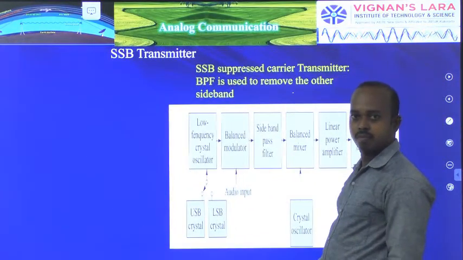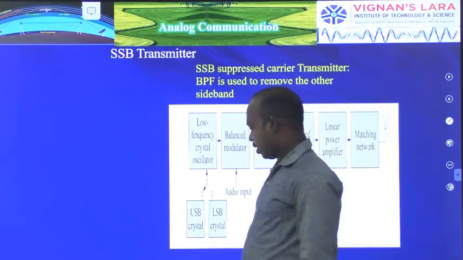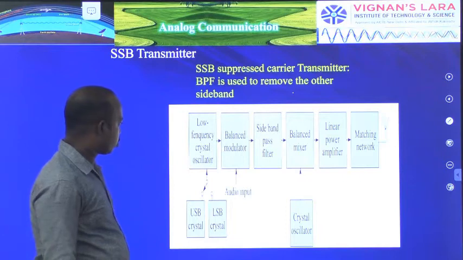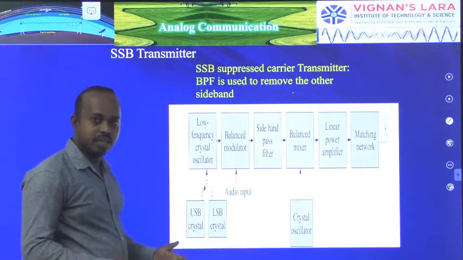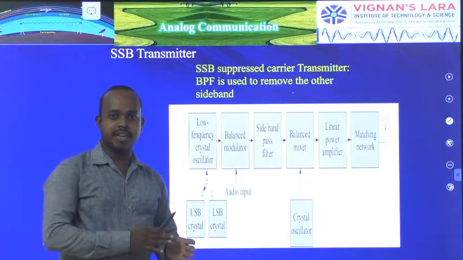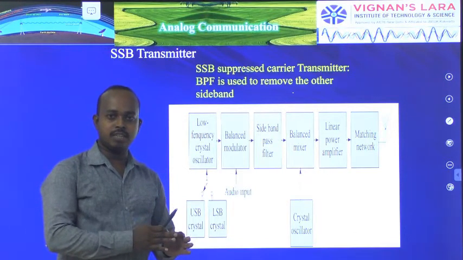This is the block diagram. In this block diagram, the main blocks of any transmitter design mainly use a carrier and a modulating signal.